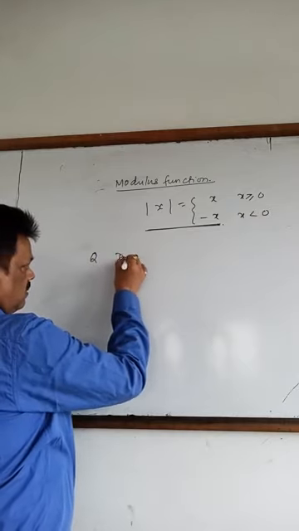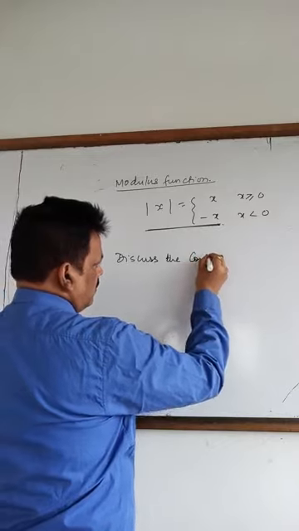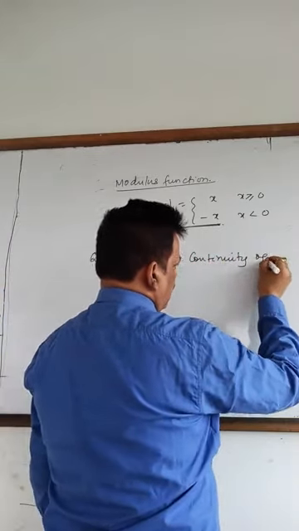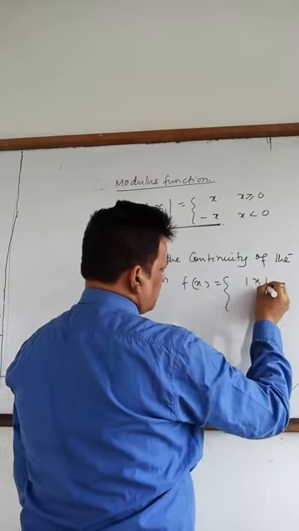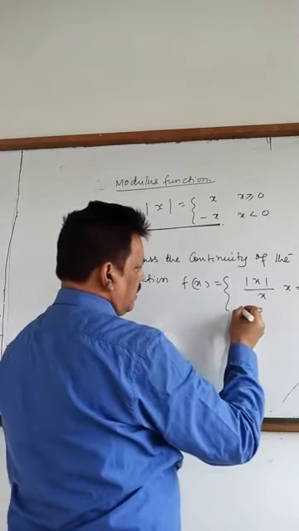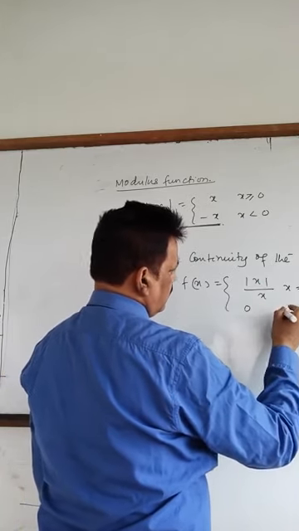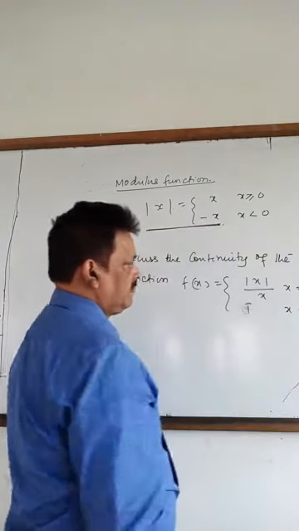Say, discuss the continuity of the function f(x) equals mod x by x when x is not equal to 0, and it is 1 when x is equal to 0.